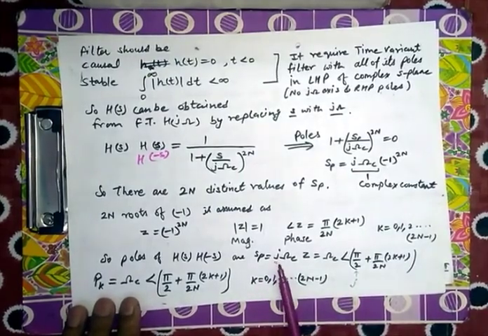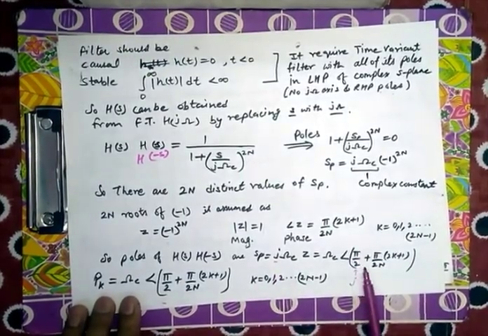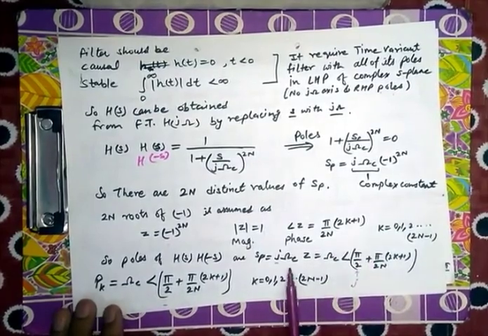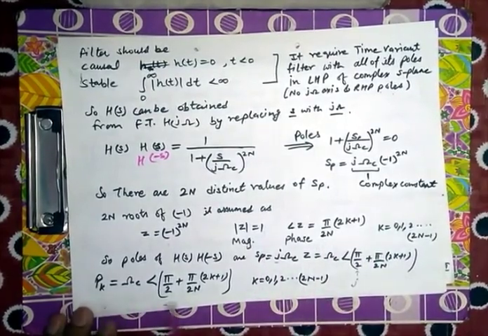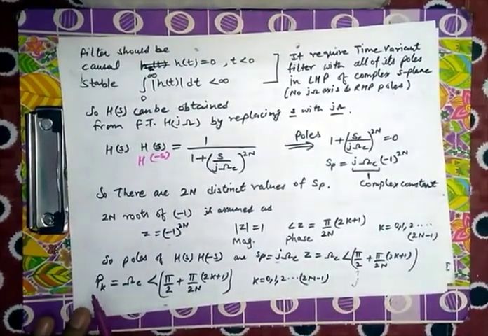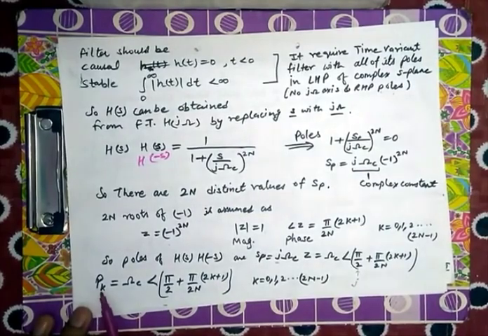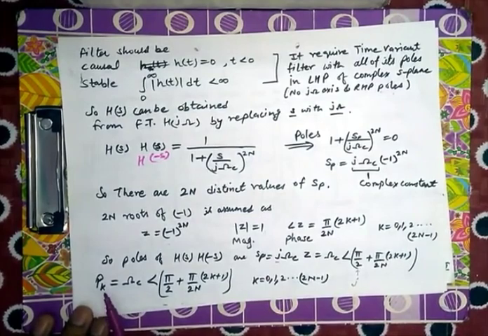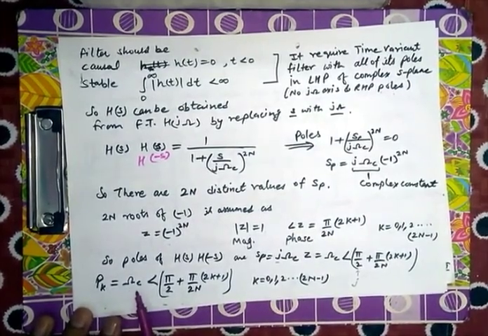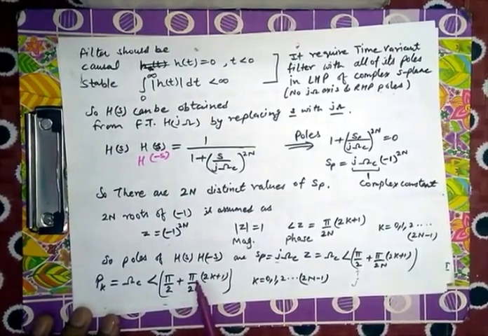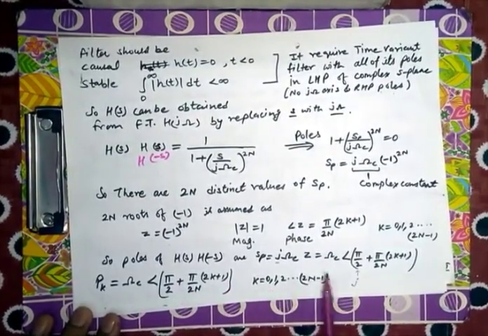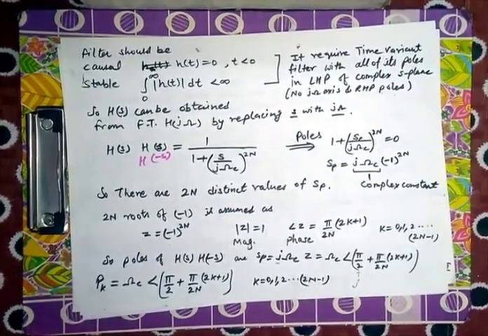So for this j, we have added the angle pi by 2 in the phasor part, and this is the final response. The final response is written in the form of pk, p stands for poles and k stands for number of poles. So instead of sp, we will write pk. Ωc is the magnitude, and phasor part is pi by 2 plus pi by 2n, (2k plus 1), where k varies from 0, 1, 2 to 2n minus 1. This is the k value.